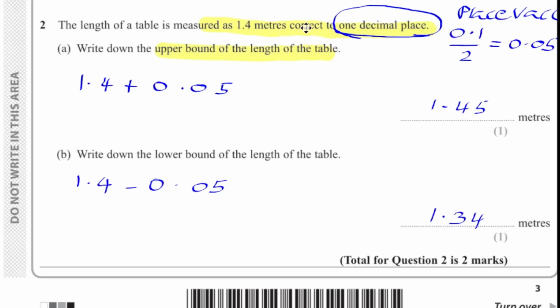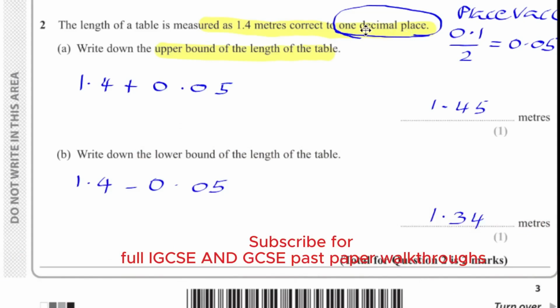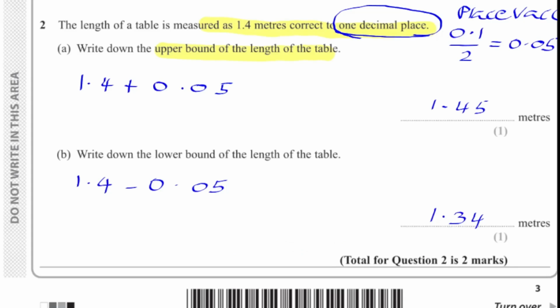If it is straight away a value, like 1.4 meters correct to 10 meters, then get 10 meters and divide by 2. If there is no such place value, take that measurement and divide it by 2. Is it clear? Whatever the "correct to", take the place value and divide it by 2.